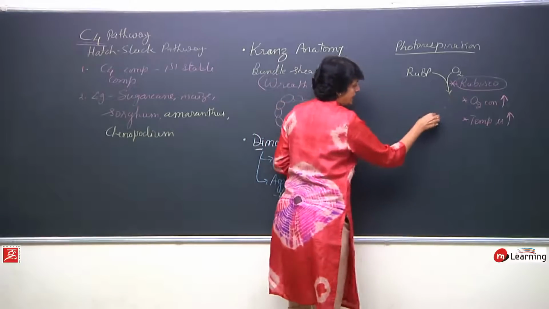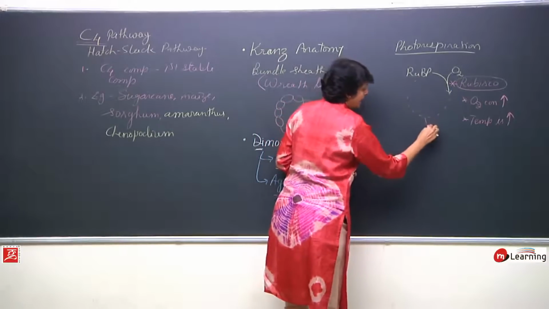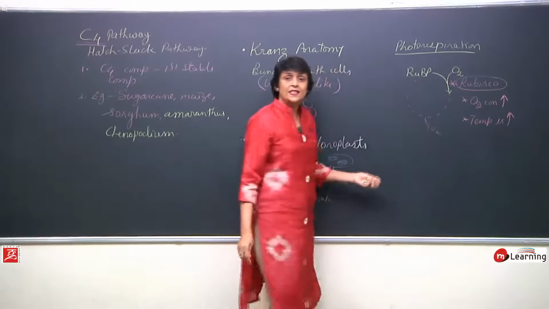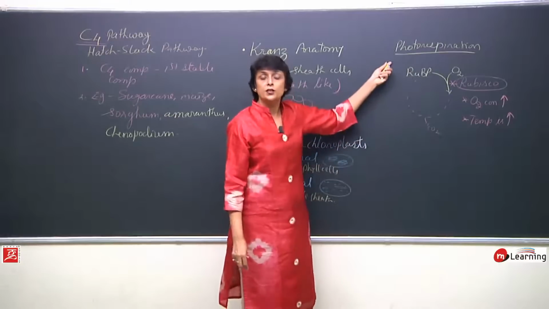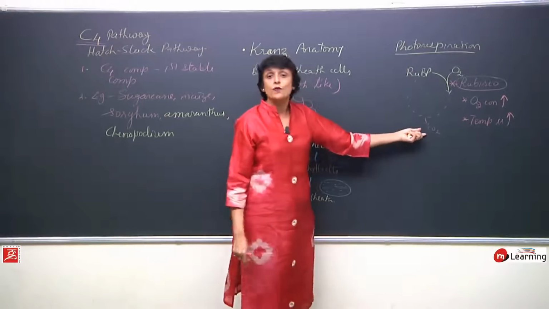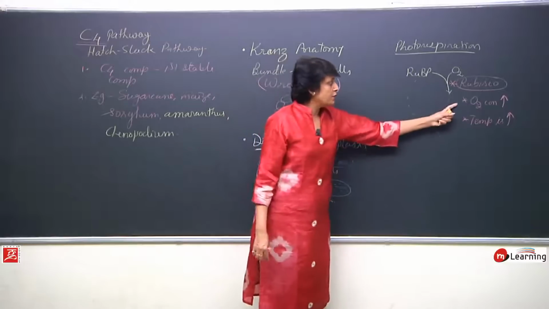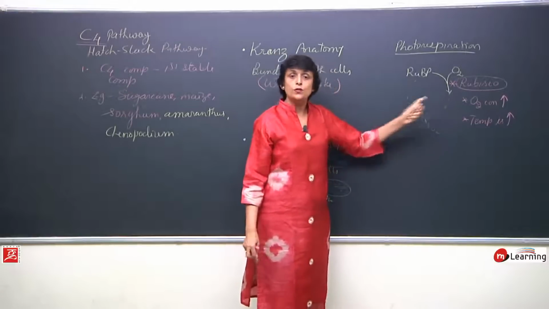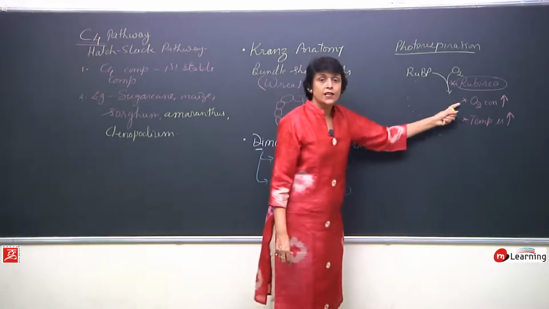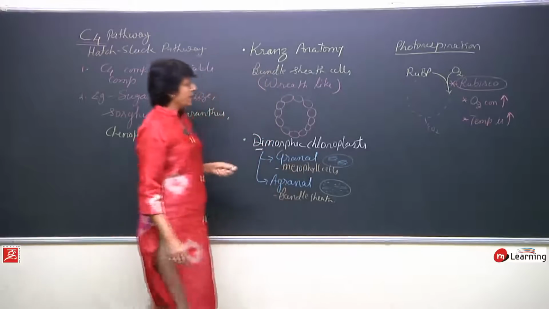So in this entire process, carbon dioxide is released. Basically, photorespiration results in release of carbon which was fixed by photosynthesis. Now we have to think of these two points, how C4 plants have taken care of these two conditions.